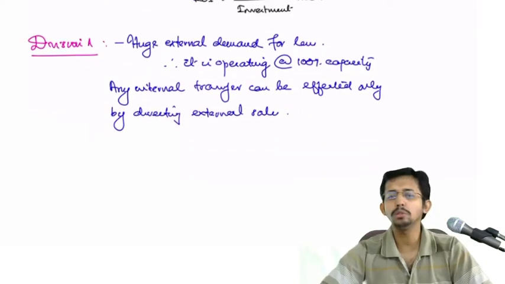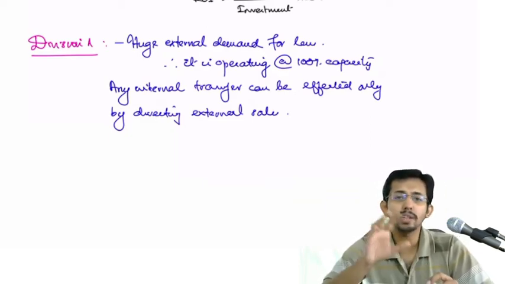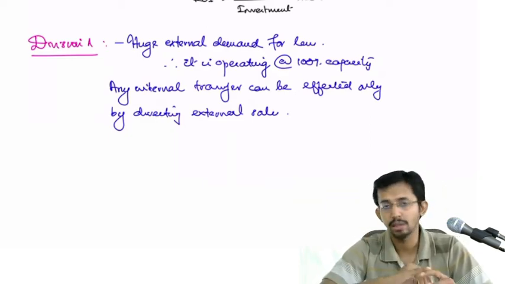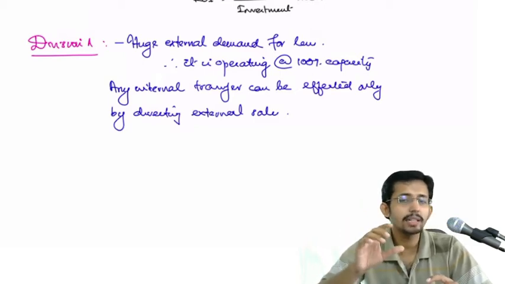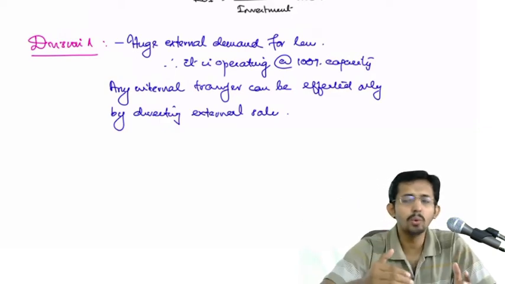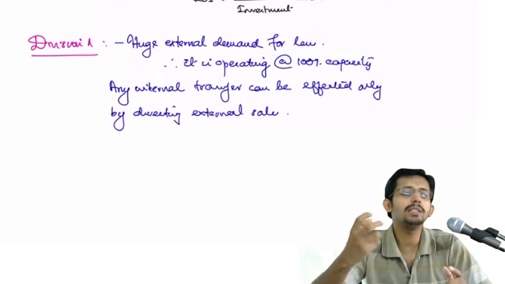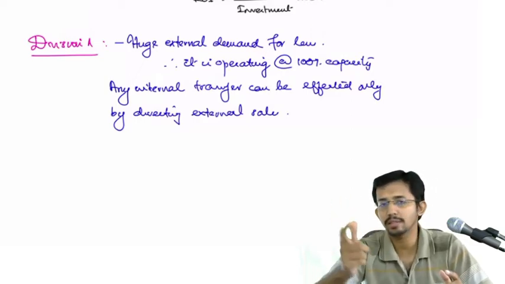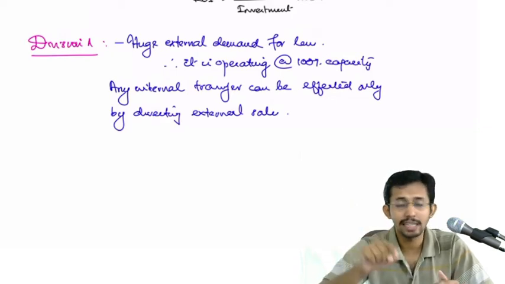If they want to do any internal transfer, what is the internal requirement? Requirement is 5,000 units of lenses per month. So if they want to effect this internal transfer of 5,000 lenses, then that much external sales have to be curtailed. And whenever there is external sales foregone, whatever contribution is foregone from such external sales will be an opportunity cost for the selling division.